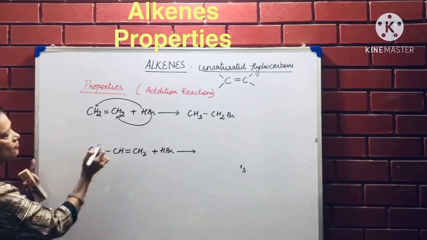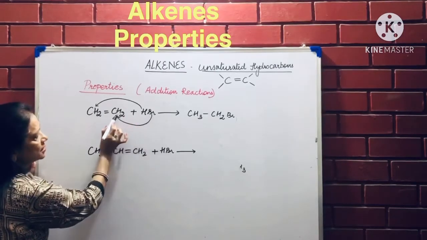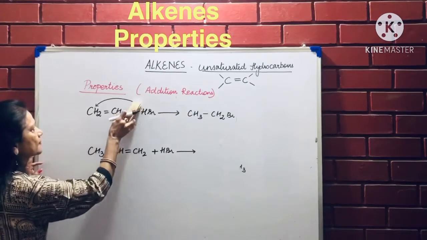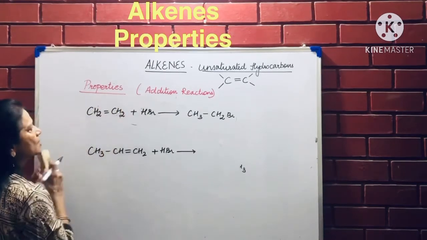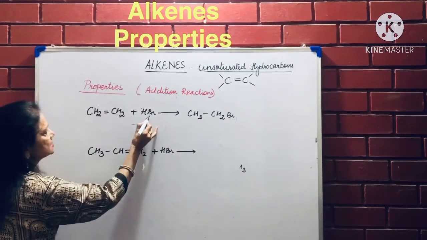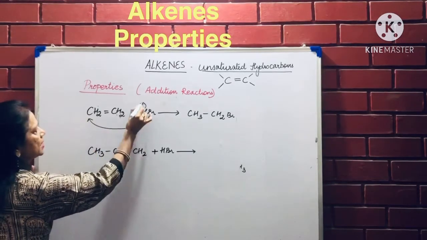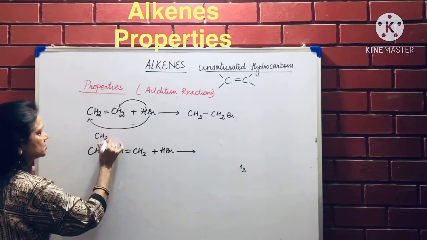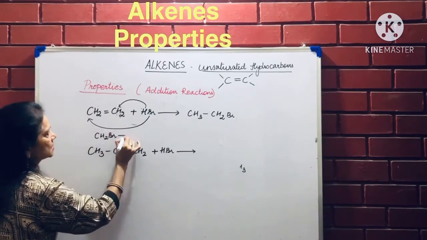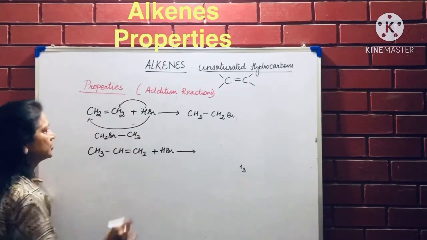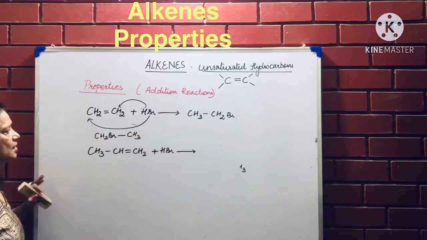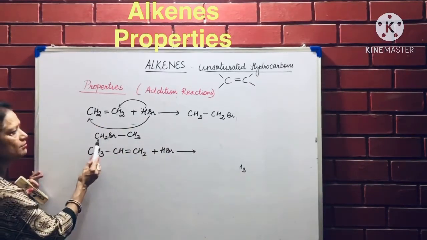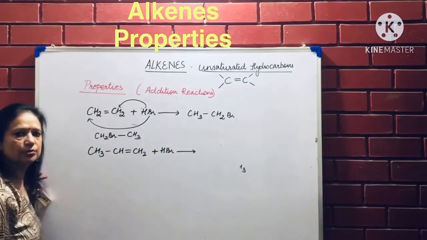Let's try what will form. Supposing now I say Br comes here and H comes here. So your product becomes CH2Br single bond CH3 because this has come here. So between these two compounds there is no difference. This is also 1-bromoethane, this is also 1-bromoethane.